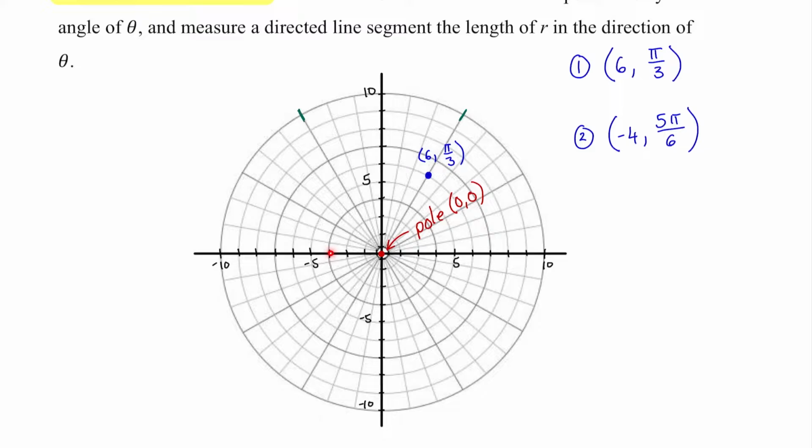So from here, if I rotate 1 pi, I will end up at this point, because 1 pi is half of the circle. In order to rotate 5 pi over 6, I need to divide this half circle into 6 equal parts.